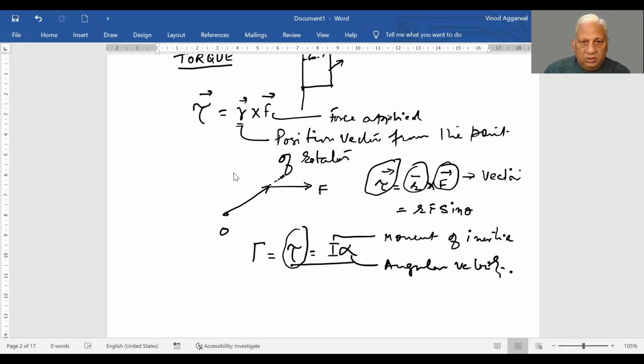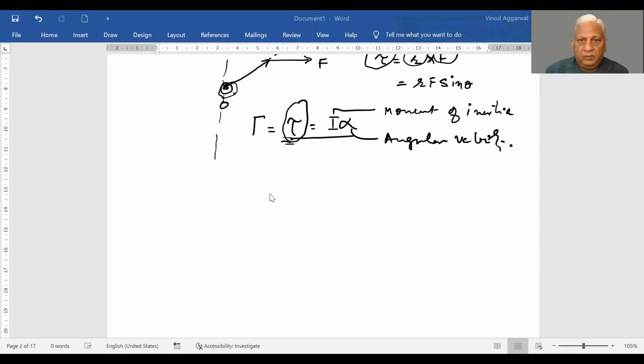Tau or torque is always applied about a point or about an axis. Without defining the point of rotation, you cannot define torque. You have to define point of rotation or axis of rotation, right? We just now mentioned that torque is equal to I alpha. So what is I? I is moment of inertia. Now let us find out what is moment of inertia.